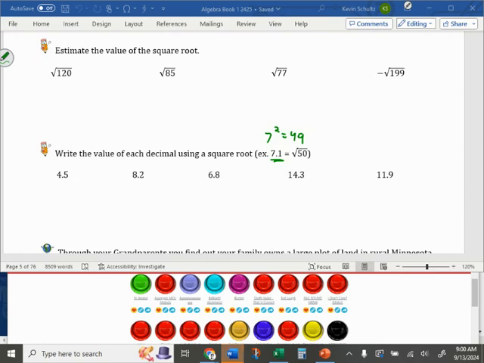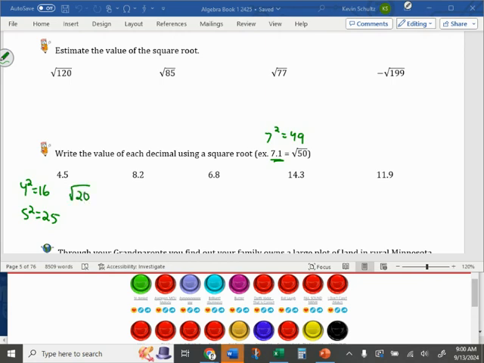4.5 here. Okay? We know that 4 squared is 16. 5 squared is 25. What number is halfway between about 16 and 25? 20. What about 20.5? 21. We don't want to put decimals inside of a root.